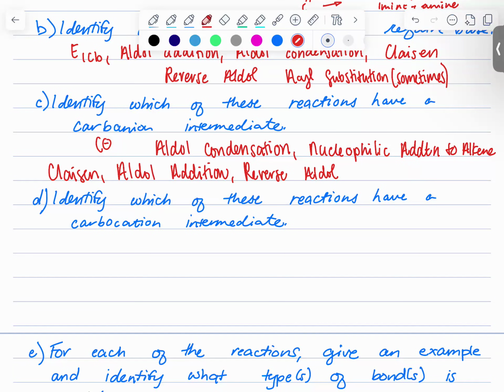Any old E1 or a specific E1? E1CB. Those are all the ones I had on my list.